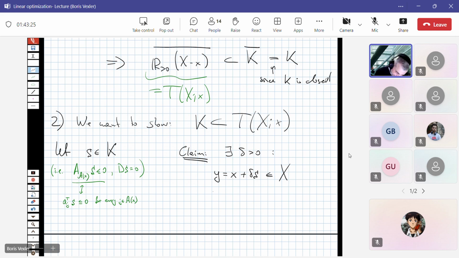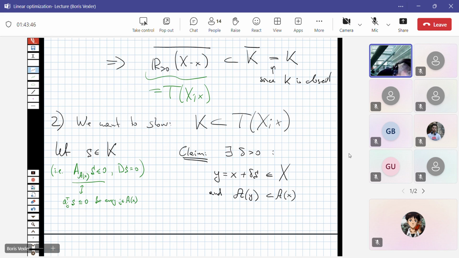And I claim two things: this calligraphic A of y, the active index set of y, will be a subset of the active index set of x.